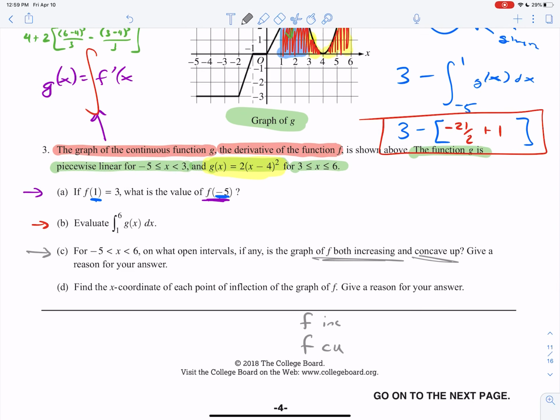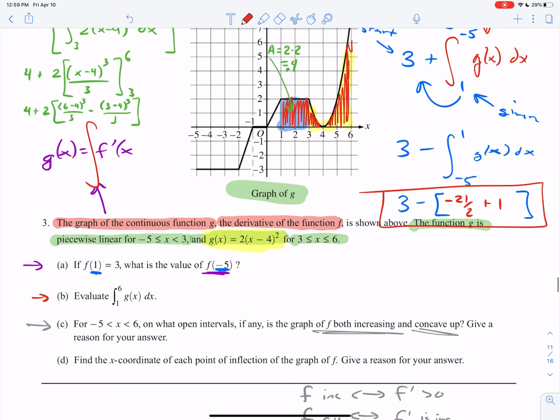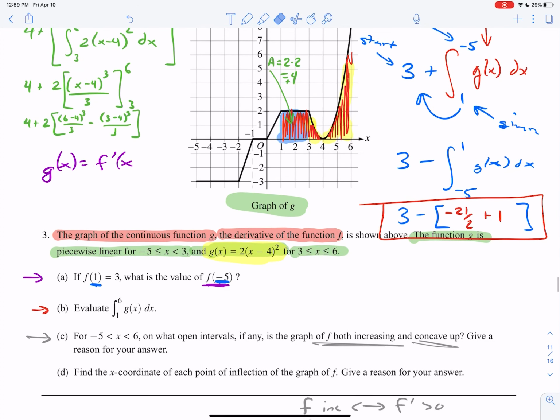Okay? So what I'm going to do here is, well, what does that tell me about f prime? F is increasing if f prime is positive. F is concave up if f prime is increasing. The reason why I'm looking at f prime is because if you go back to this problem here, let me erase this so that there's room.